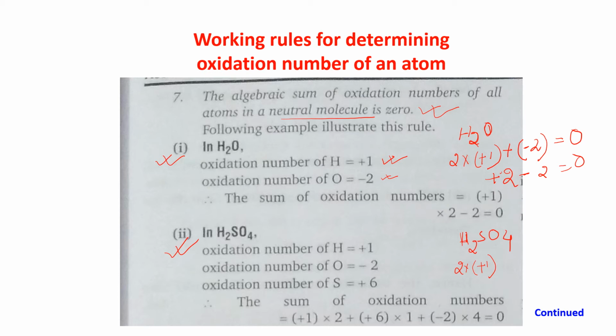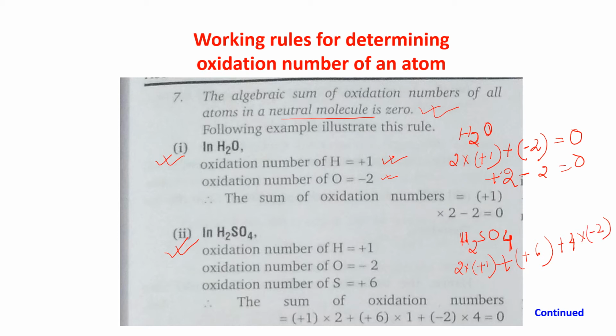Now, sulfur is having the oxidation number +6. So, you can write here +6. Then again plus, we are having 4 oxygen and each oxygen is having the oxidation number -2. So I'm having 4 into -2.